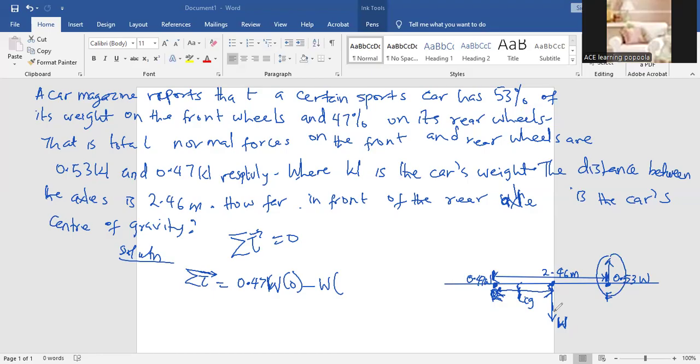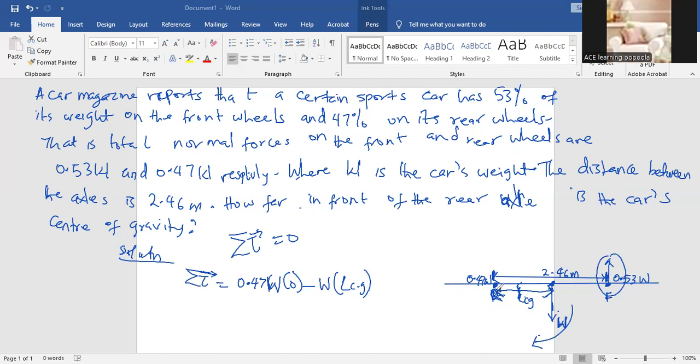This weight W will cause this kind of rotation. It will pull this car in this direction to cause it to rotate about this point. So it's going to be W times this perpendicular distance LG, the new center of gravity that we're trying to work out. I hope you get it.